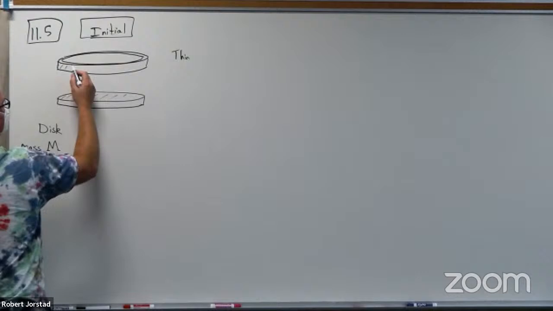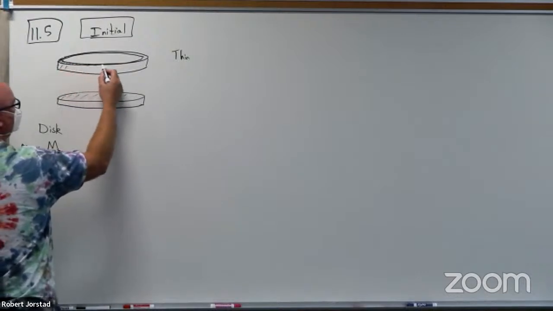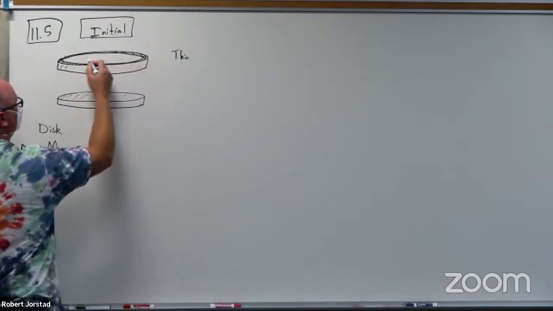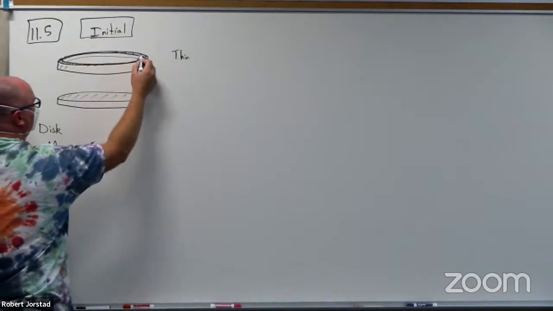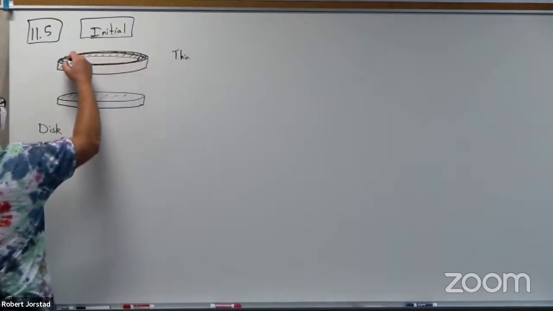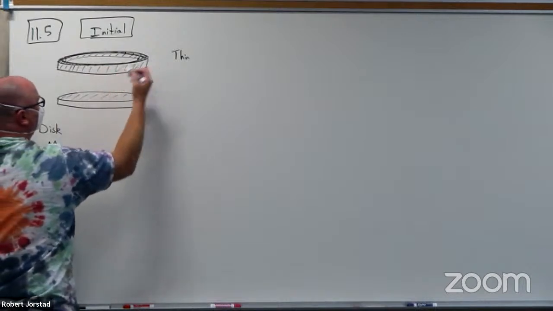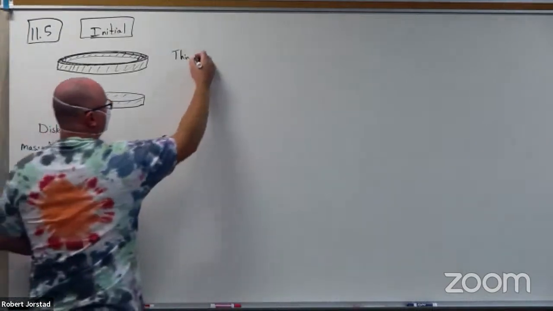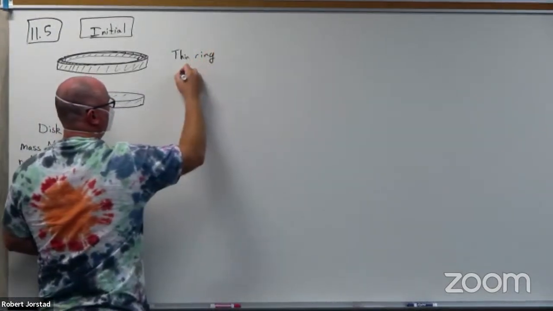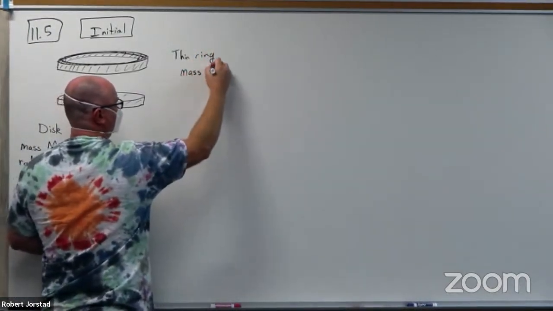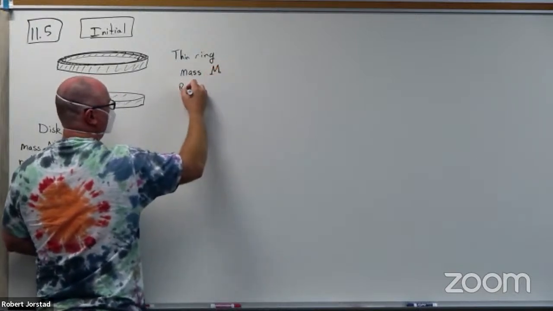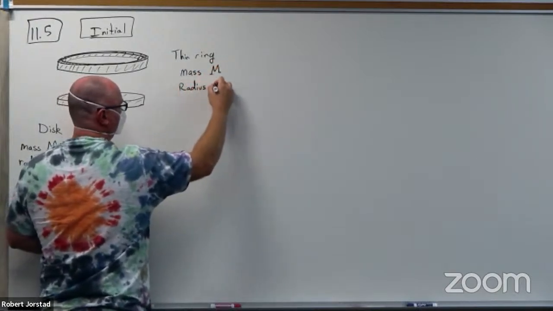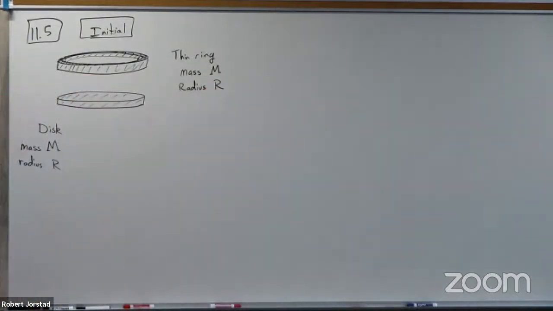Right, so this is supposed to be the thin ring here. Sorry if that doesn't visualize it very well. So the thin ring has the same mass and the same radius, I believe, right? Identical mass and radius. Okay.